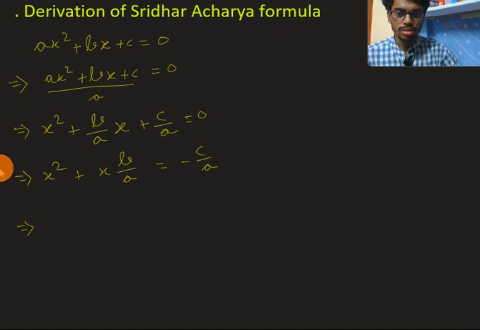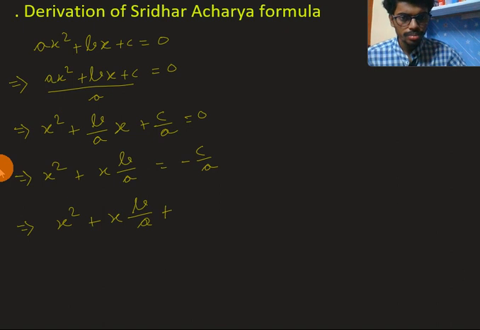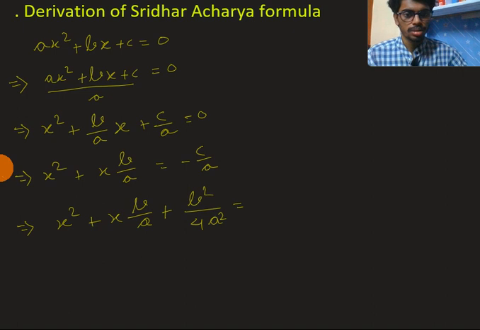Now for x square plus x into b by a, I need another term, that is 1 by 4 of b by a whole square, that is b square by 4a square. I have to add this term here also, b square by 4a square.